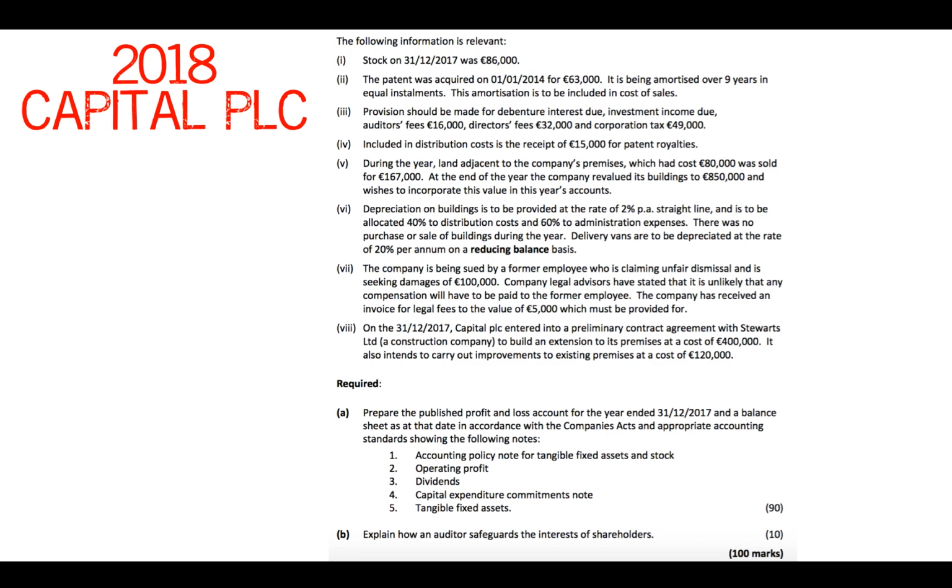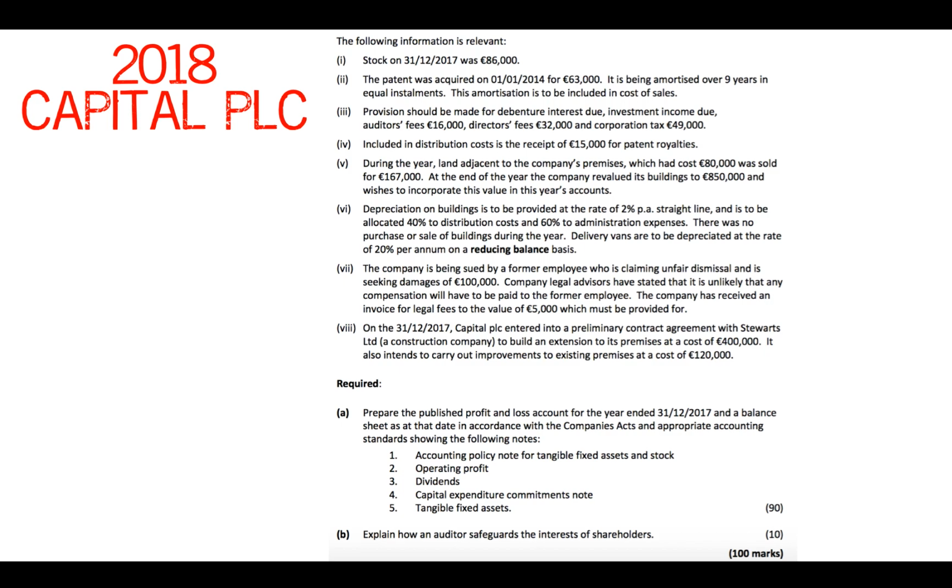On the 31st of the 12th, 2017, Capital plc entered into a preliminary contract agreement with Stewart's Limited, a construction company, to build an extension to its premises at a cost of €400,000. It also intends to carry out improvements to existing premises at a cost of €120,000.